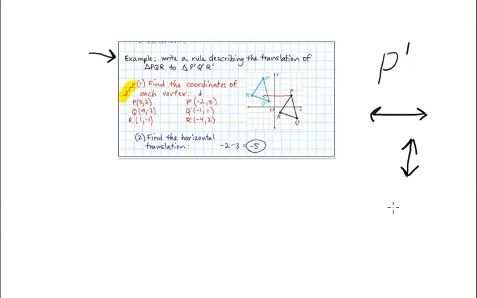And again, translation is simply taking a point and moving it one way or another, or taking the entire triangle and moving it. So this point moves from over there to up here.